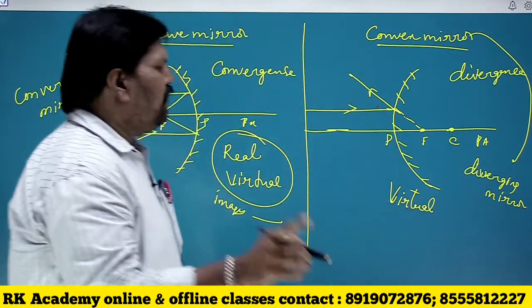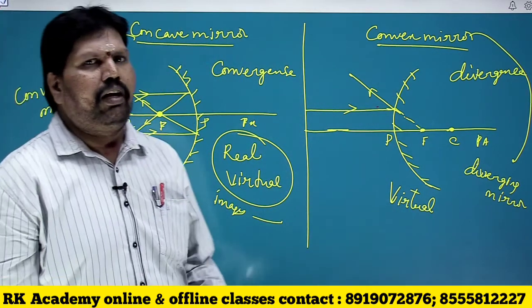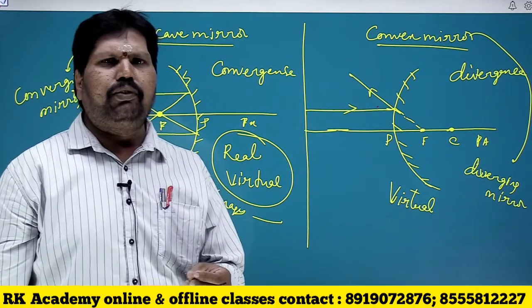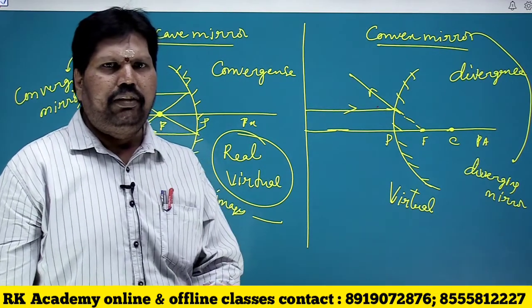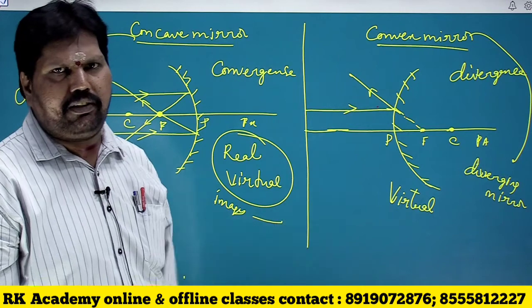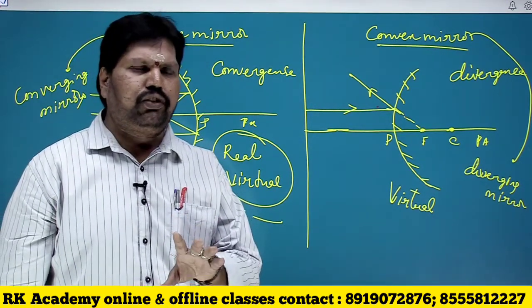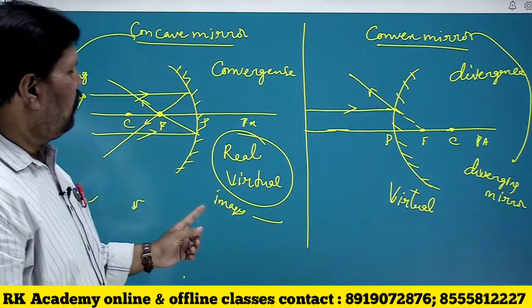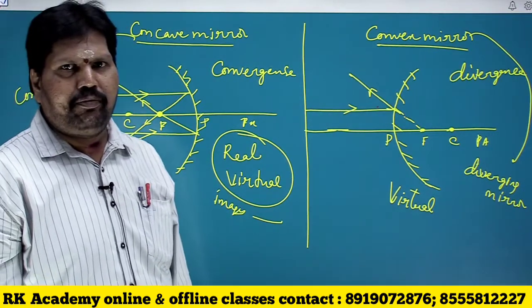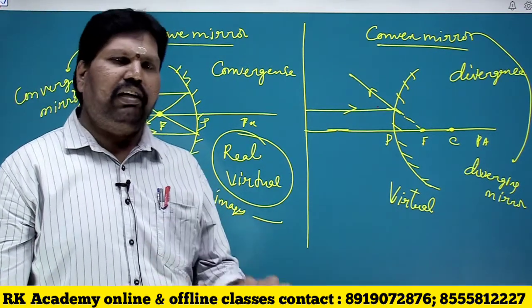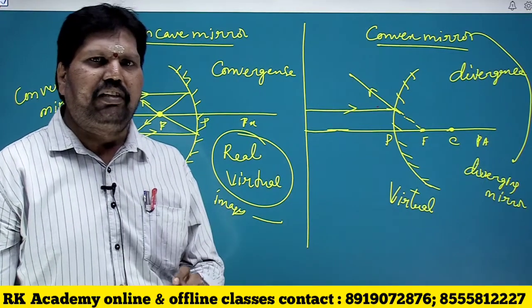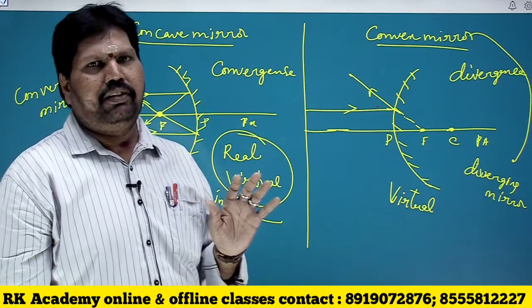In the examination it may be asked that the mirror which forms only virtual images is the convex mirror. The mirror which can form both real and virtual images is the concave mirror. The converging mirror is the concave mirror. The diverging mirror is the convex mirror.